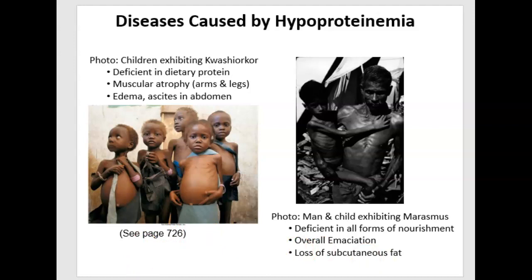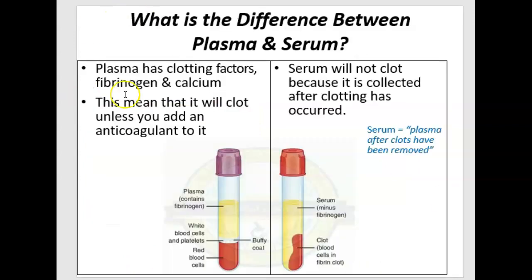Now, sometimes, since we're talking about plasma, students ask me, what's the difference between plasma and serum, right? Because there's plasma donation and there's serum donation, that kind of thing. Well, the difference is that plasma has clotting factors in it, and serum has those clotting factors removed.